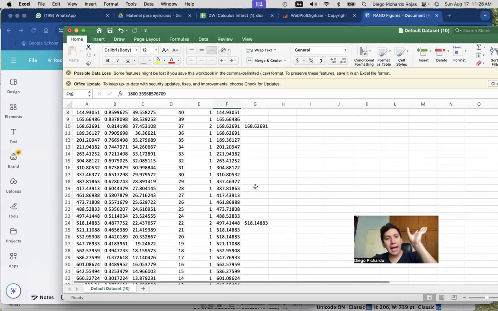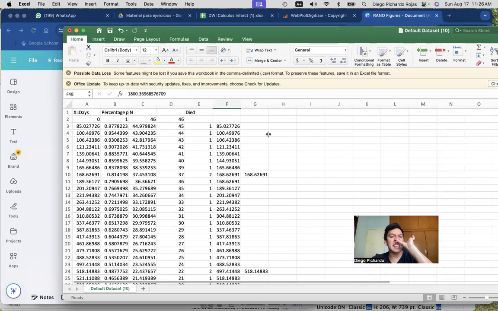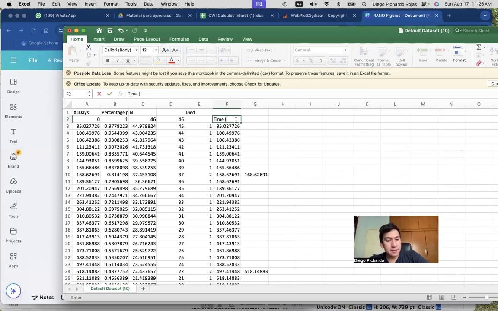So yeah, if we wanted to analyze this in SPSS, what we need to do is put this as time in days, of course. Never forget what we're measuring.